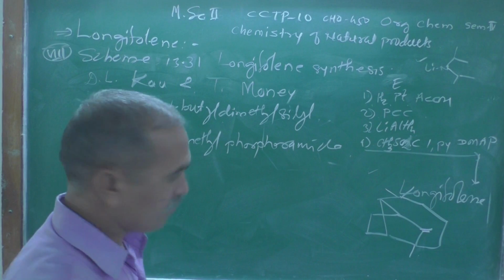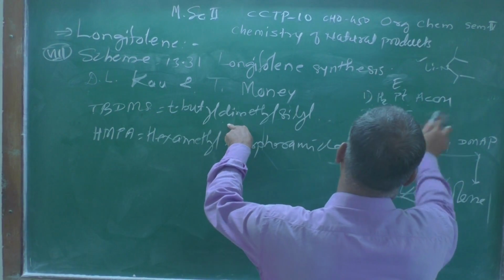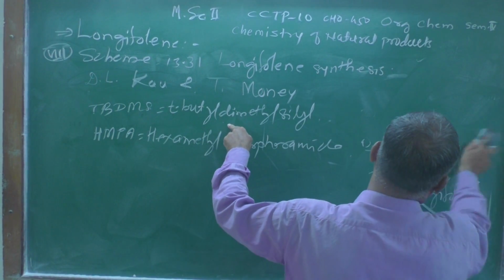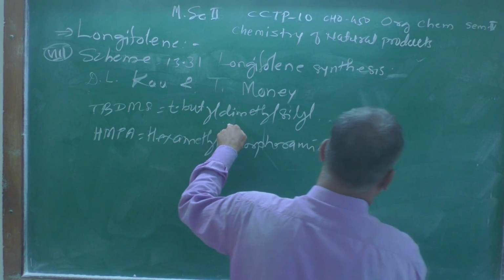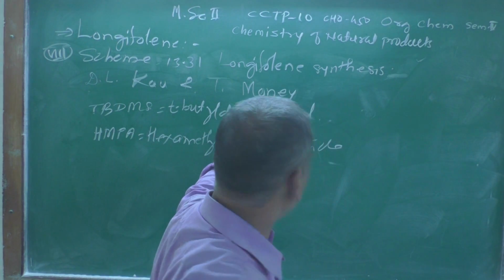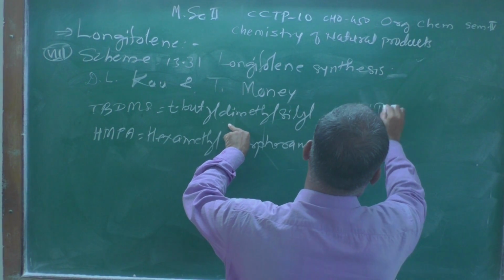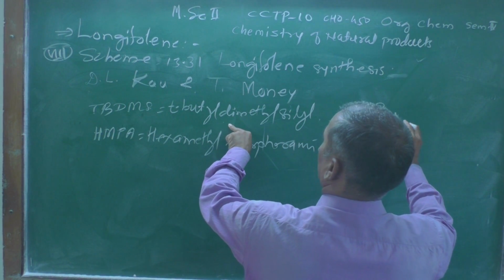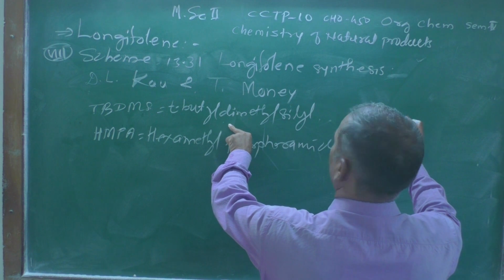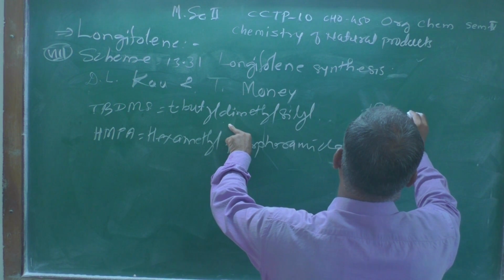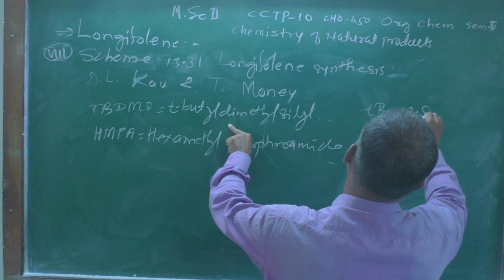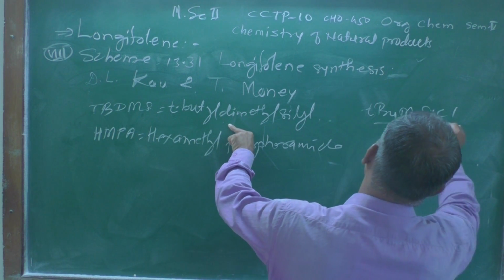The structure of tertiary butyl dimethyl silyl chloride is this one, t-BuMe2SiCl.